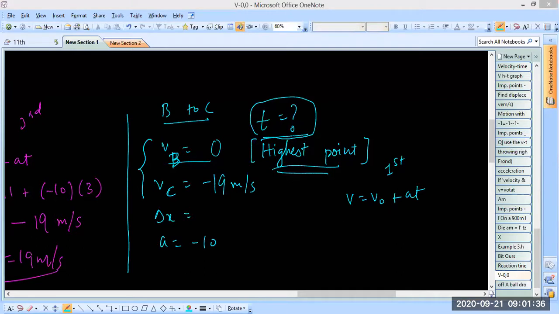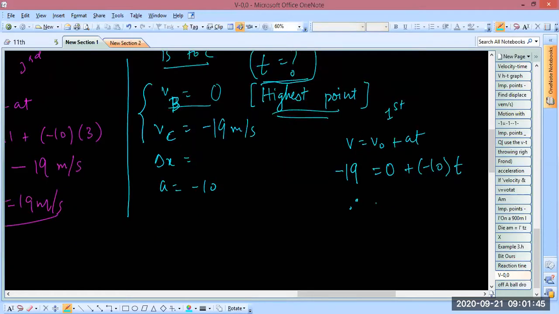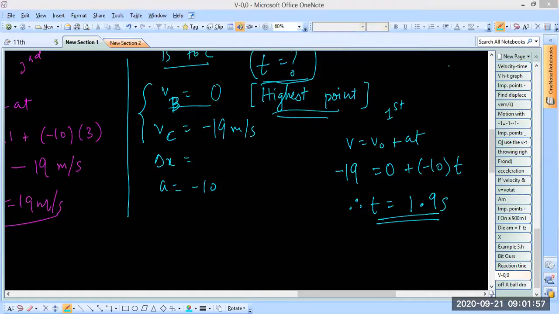Minus 19 is equal to 0 plus minus 10 into t. If you solve this, you will get t equal to 1.9 seconds. I hope that makes sense to everyone, right? So for 1.9 seconds, it falls down.